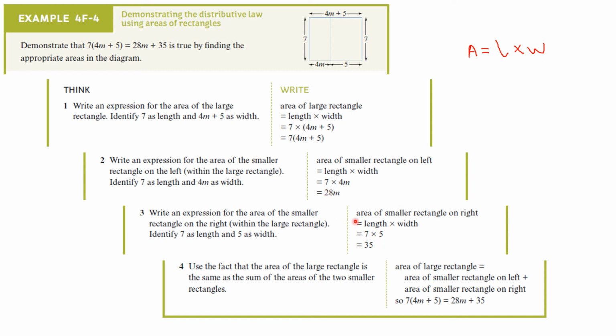They've shown that by putting a plus sign in between them. Hence, these two together is equivalent to multiplying the two lengths on the outside of the big rectangle.